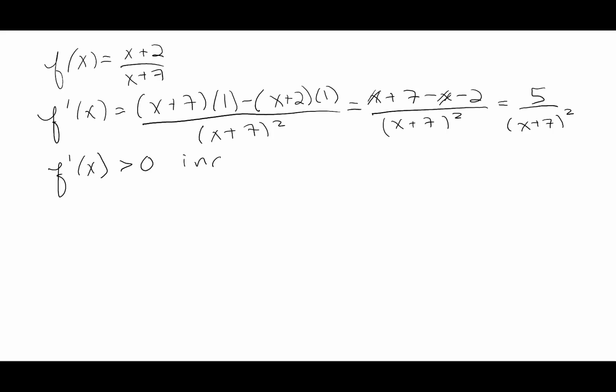Positive means it's increasing. So I immediately know this is increasing from negative infinity to negative 7, and then from negative 7 to infinity. I split it at this partition number, which would be negative 7. There's not a critical number for this one. 5 is never going to be 0, so I'm not going to have a max or a min in this one.